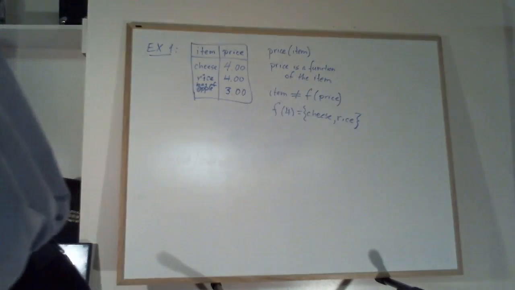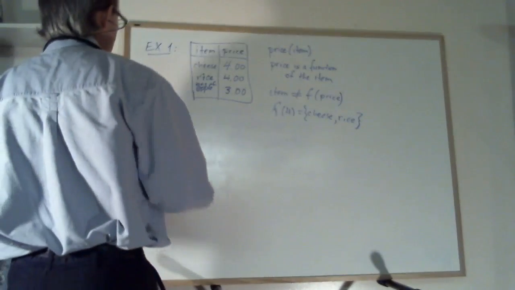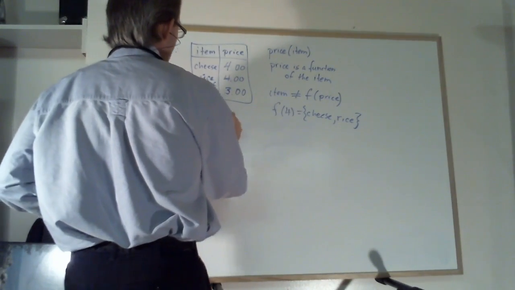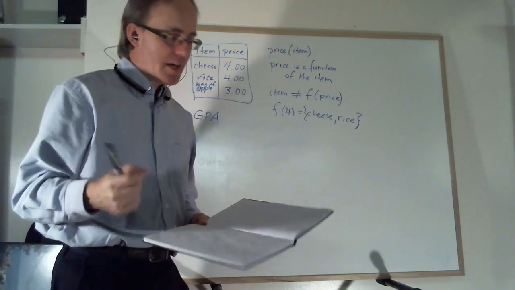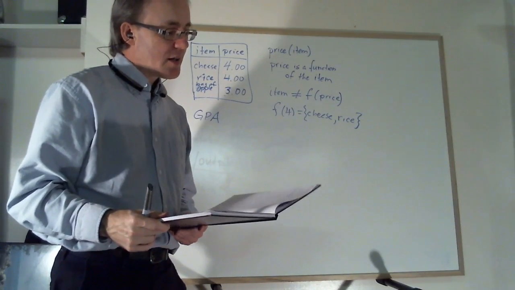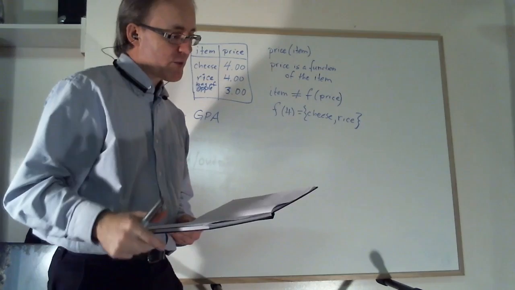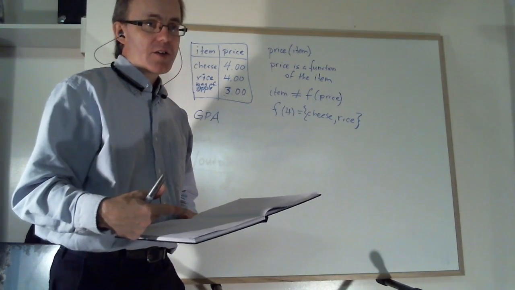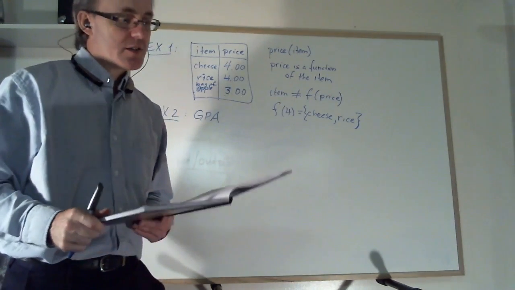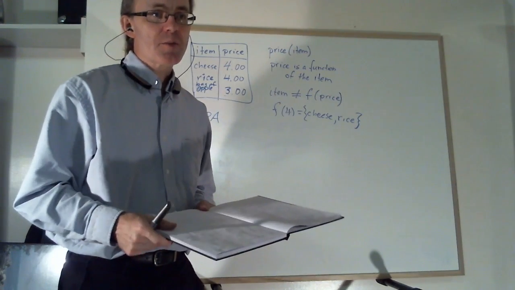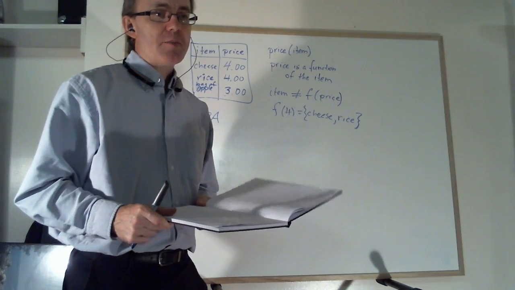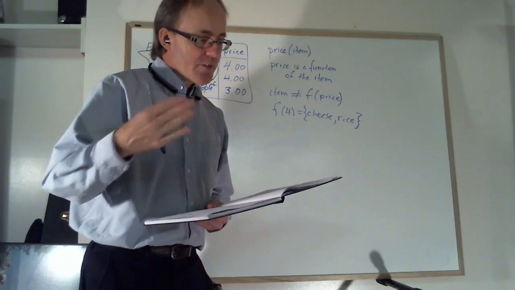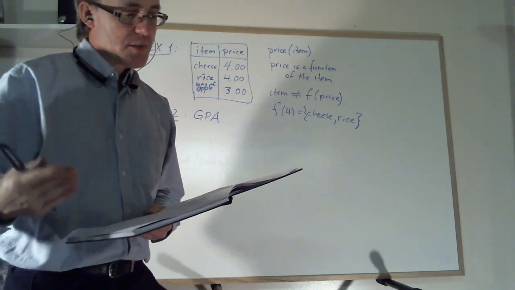Okay? And another example which you could look at is GPA of students. So look at the textbook example, and they show you that you can have a range of, if you go from your average percent grade for all your classes, right? That might be in a range 80 to 89 or something, whatever. And that means, you know, the average of all your classes is in the B range or something like that.